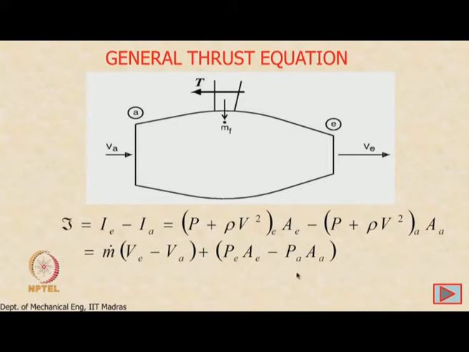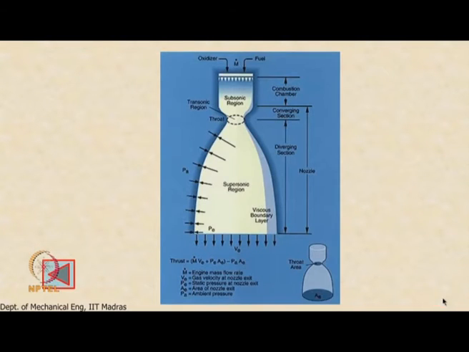Now, you must keep in mind what we said earlier. If you remember in our earlier discussion on thrust, we said that thrust can also be evaluated by integrating the pressure force on the metal surfaces, and we showed this graphic earlier. We can see that the net force on the metal surface is going to be the internal pressure minus the ambient pressure, which is constant.